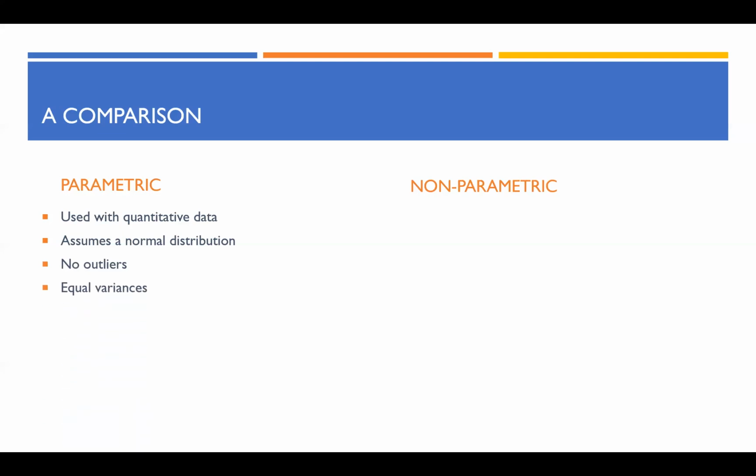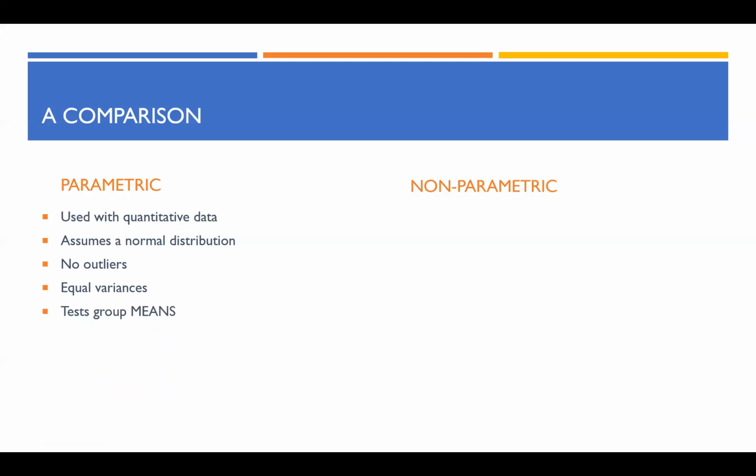And we also assume, if we're looking at more than one data set, that each data set has the same variance, which would then also imply it has the same standard deviation, so that they have a similar shape to one another if you're looking at more than one data set at a time. So that's three pretty big assumptions: that we have a normal distribution, there are no outliers, and equal variances.